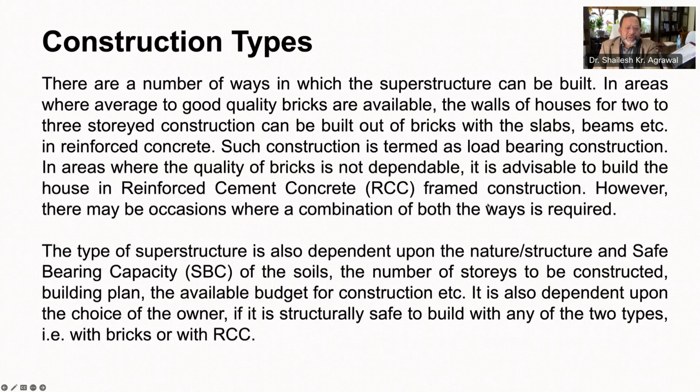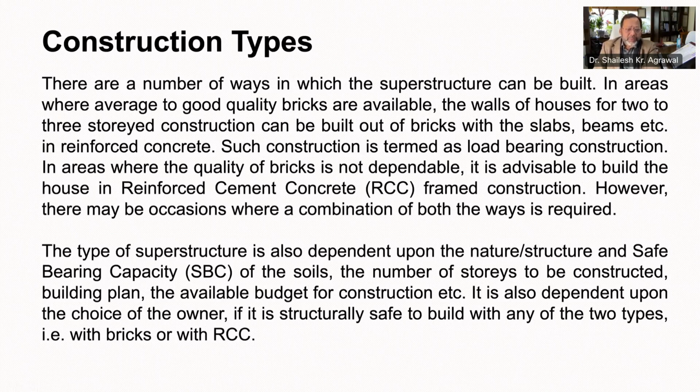Let us now discuss the number of ways in which superstructure of house can be built. The areas where good quality bricks are available, the walls of house for 2 to 3 story construction can be built out of brick with RCC beams and slabs. Such construction is known as load-bearing construction, as the load of building is transferred through these brick walls to the foundation and to the soil.